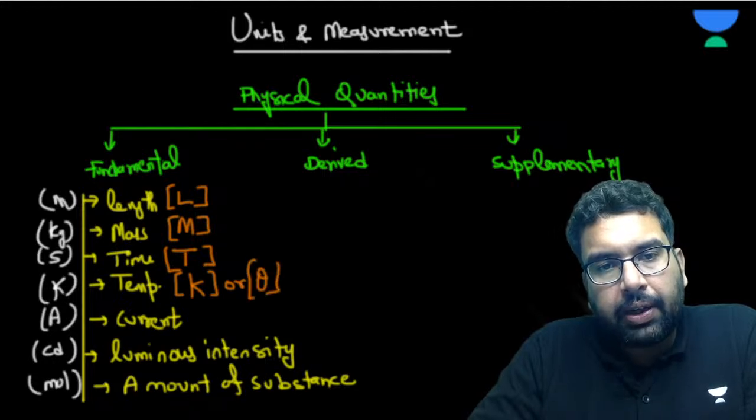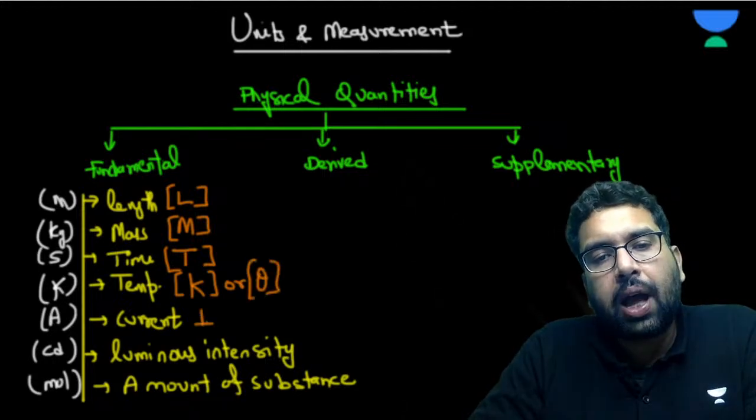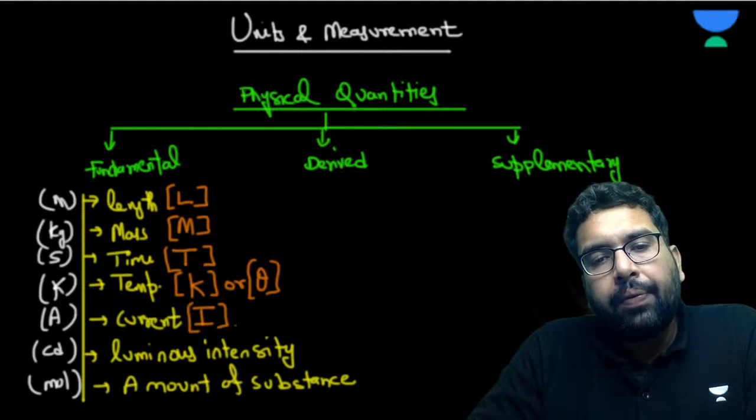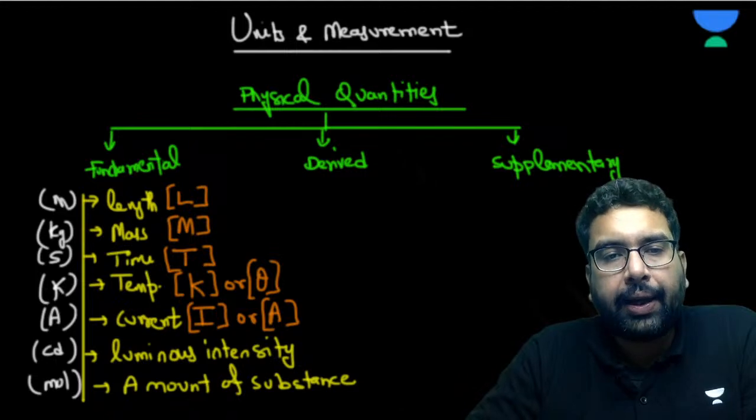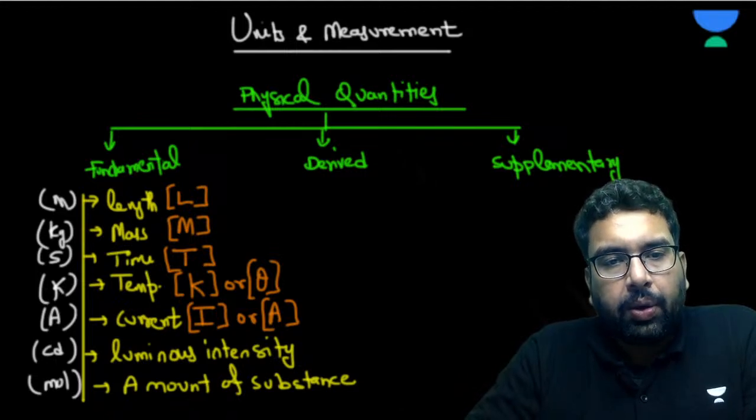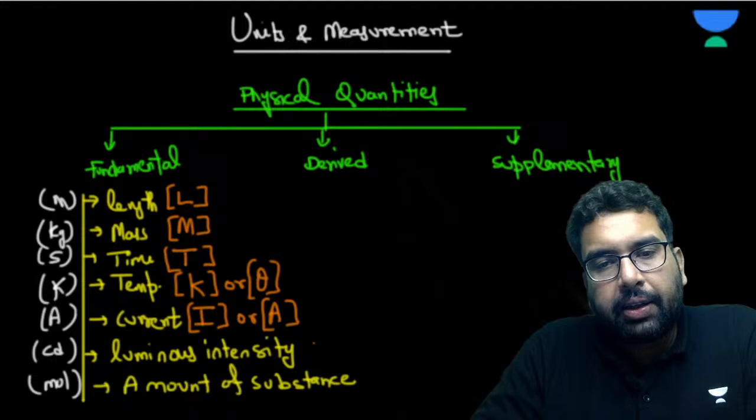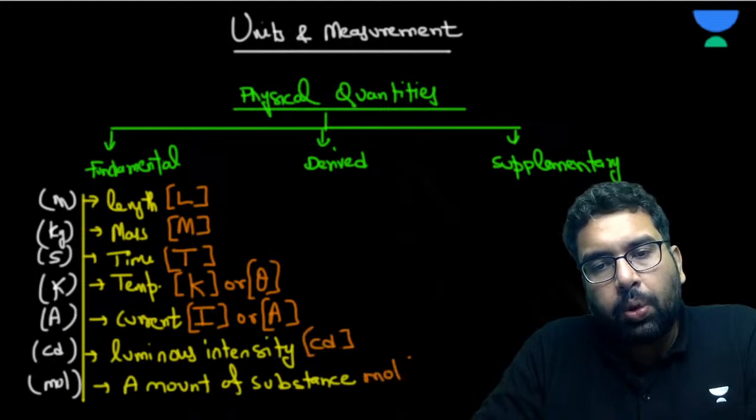This is how we represent the temperature. For current we use I or A. For luminous intensity, we represent it as CD, and for amount of substance, we represent it as mole.